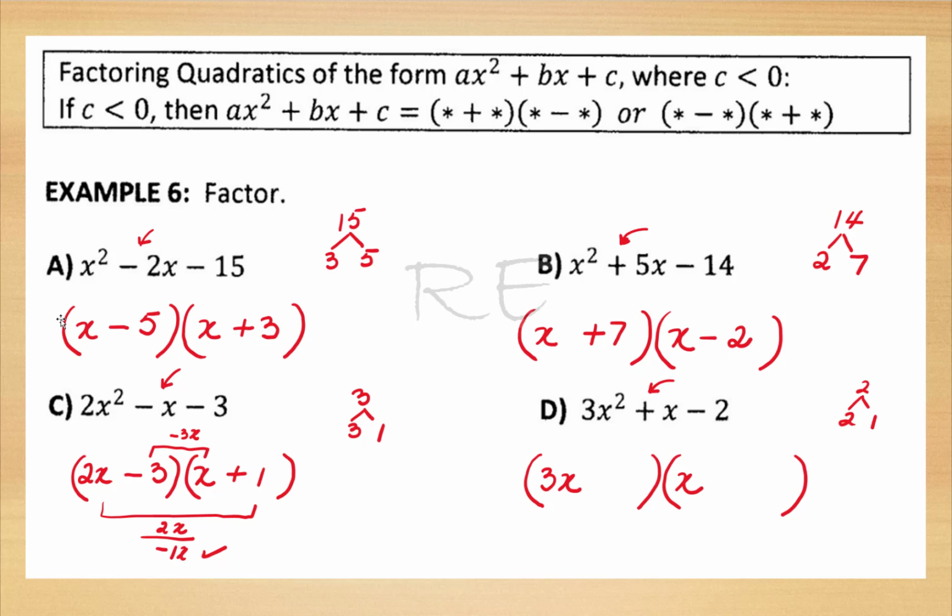So 3 will be associated with positive 1, and x will be associated with negative 2. We can check: negative 2x plus 3x. The sum is just x, the middle term, 1x, the middle term.